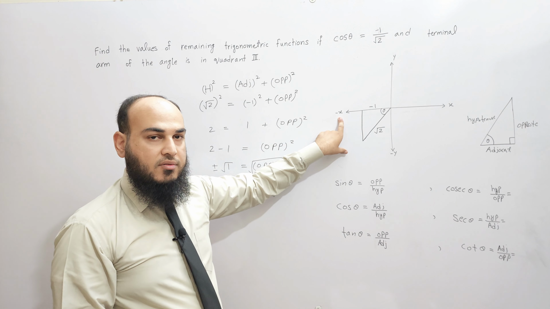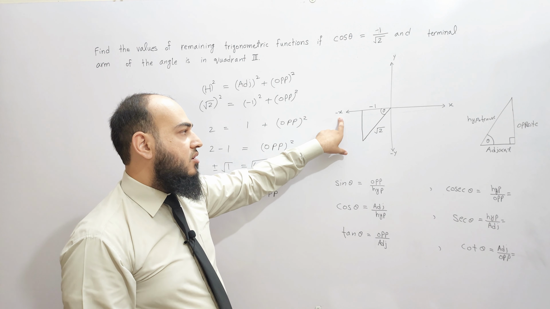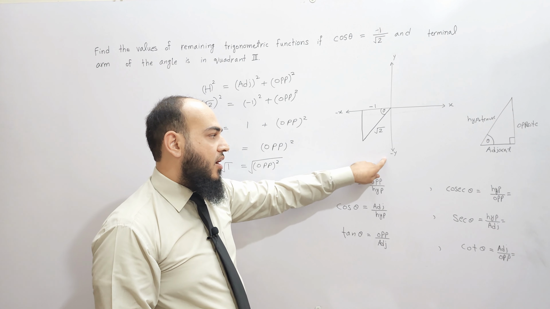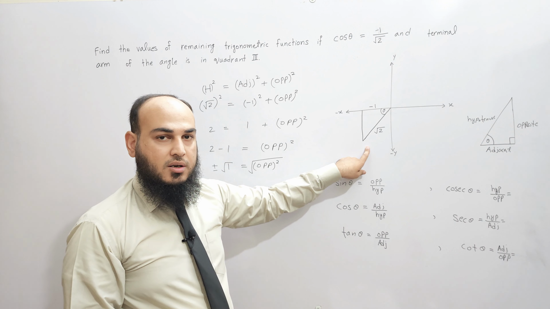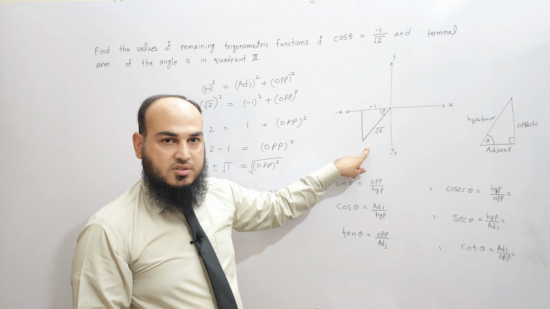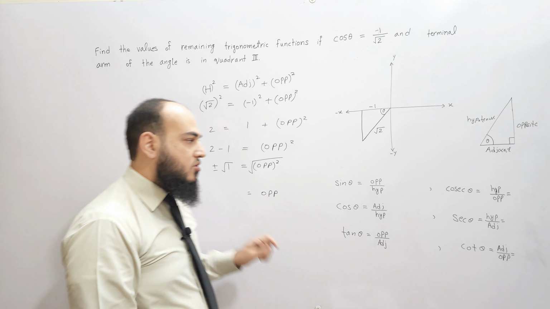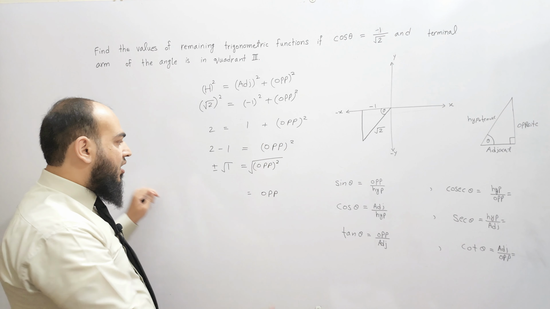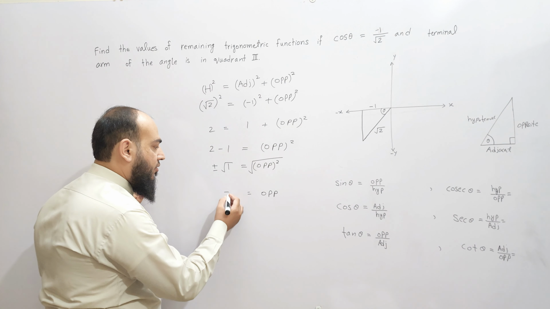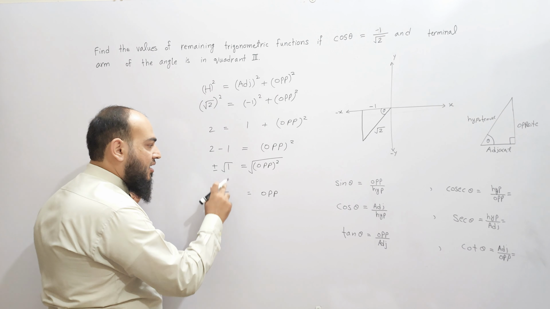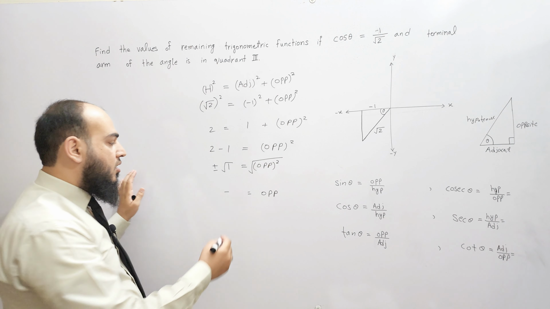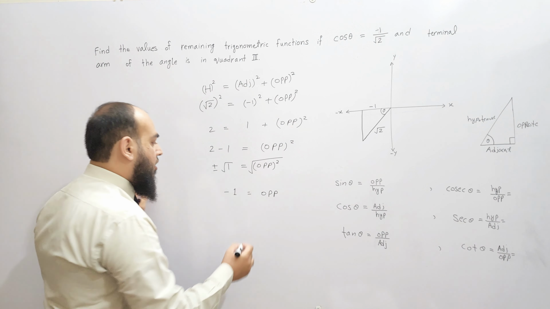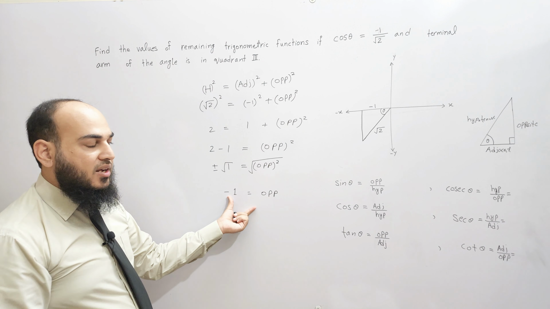X is negative, that shows adjacent side, and y is also negative in quadrant number 3, that shows opposite side. It means the opposite side will be negative in quadrant number 3, that is why you can write minus here, and square root of 1 is equal to 1. Now opposite side is equal to minus 1.